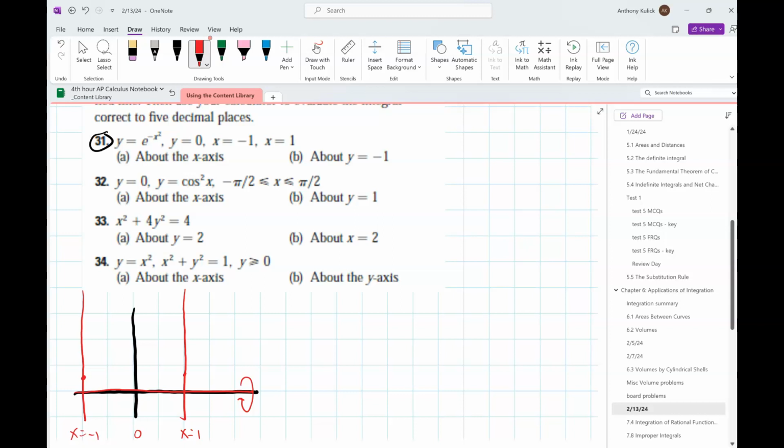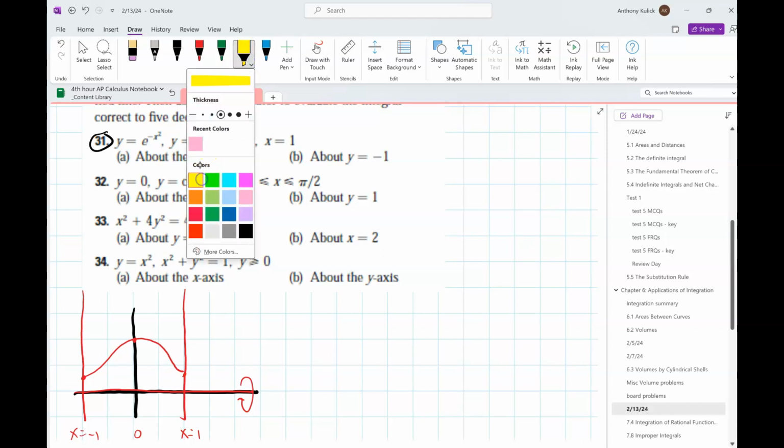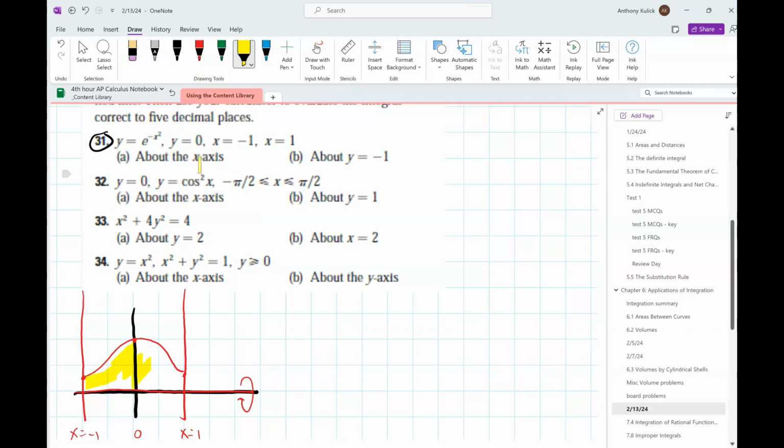And I get the same thing for +1. If I plug in 0, I get 1, right? So it's probably going to look something like that. I'm just guesstimating it. It doesn't matter super much, as long as I have a good idea of whether there's a hole in there.